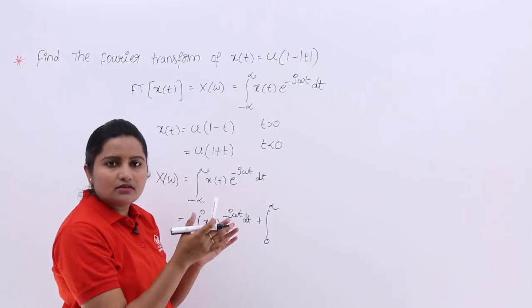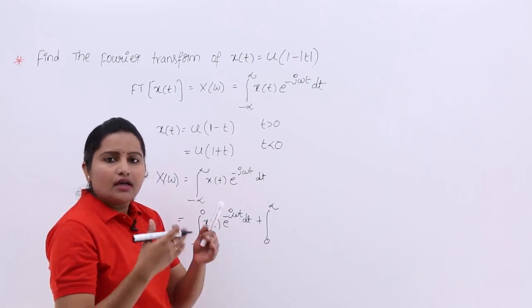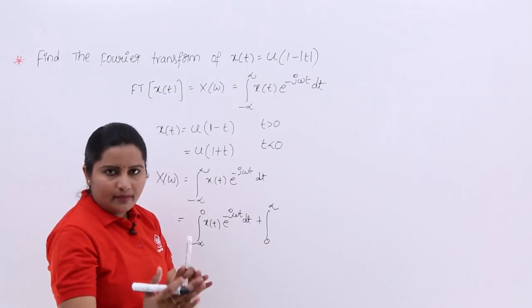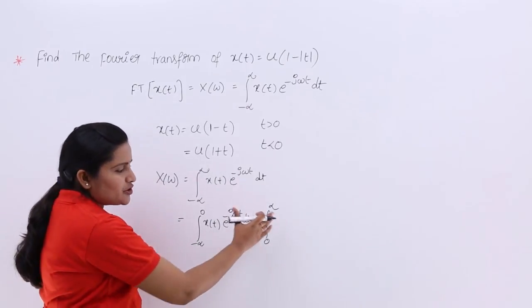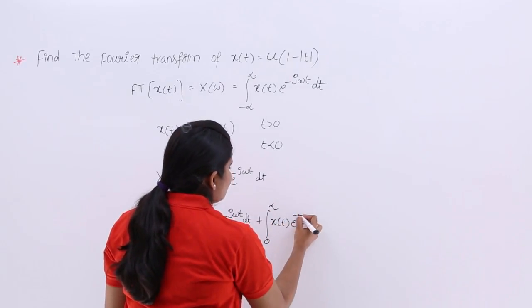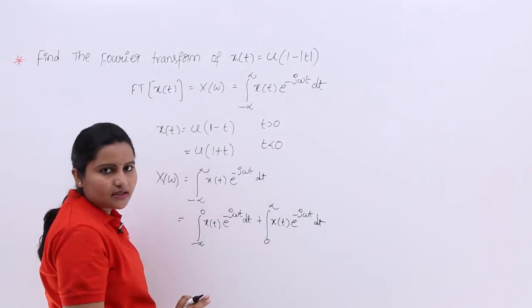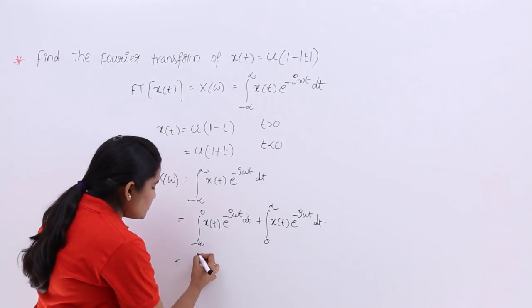It is one thing in the negative region and changes to another value in the positive region. That is why I split it into two integrals, same equation, and now I want to substitute my values.